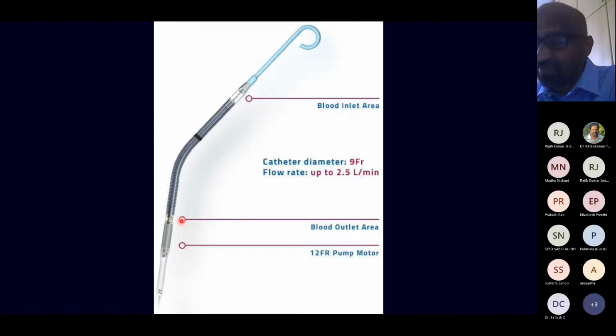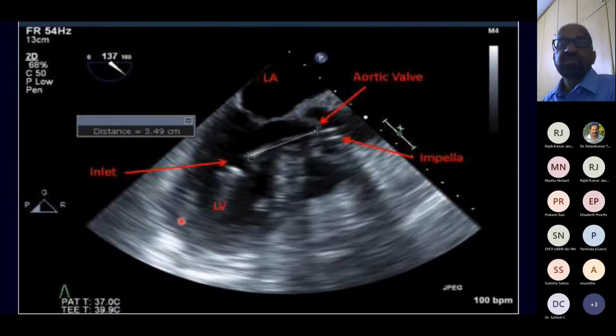And this is the echo picture in a long axis view in the mid-esophageal window. About 4 centimeters of the impeller device is inside the left ventricle. And this is the aortic valve. This is the long axis of the ascending aorta, and the mitral valve, left ventricle, and the left atrium are seen here.